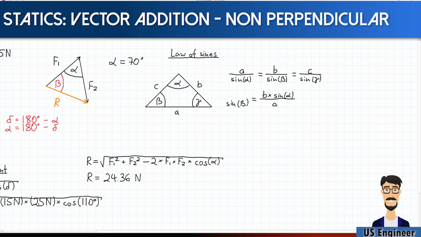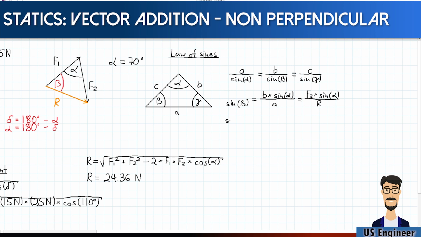And if we apply our forces from this triangle, B is F2 times the sine of alpha, which is given, it's 70 degrees, divided by A. And A in our case is simply the magnitude of the resultant force R. Okay, so let's do the math.